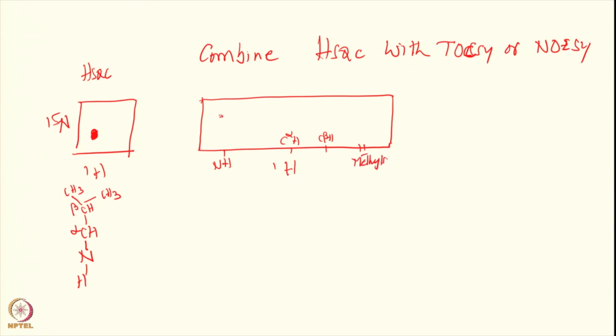I have this peak here, this is my HSQC spectrum, NH to the N15, on this axis I have the N15. But now I want to relay this information, once it is on the proton, to the other protons. So what will I get? I will get a peak here, a peak here and peaks here.